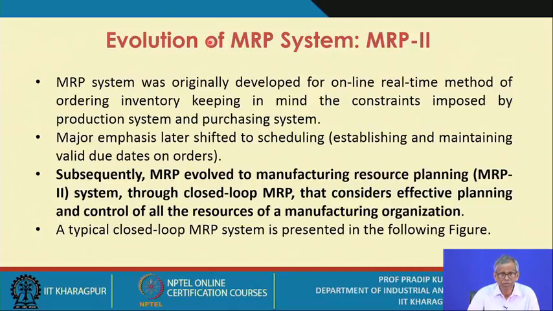So, you assess the present situation. If you find it is not feasible, that means the data are not reliable, and there is a risk involved, so you do not go for MRP systems. There are certain conditions to be met.